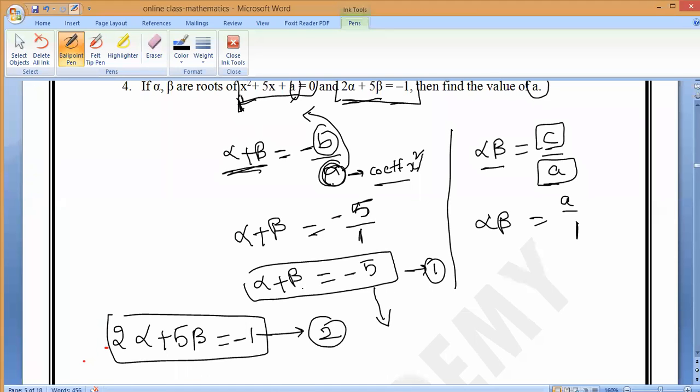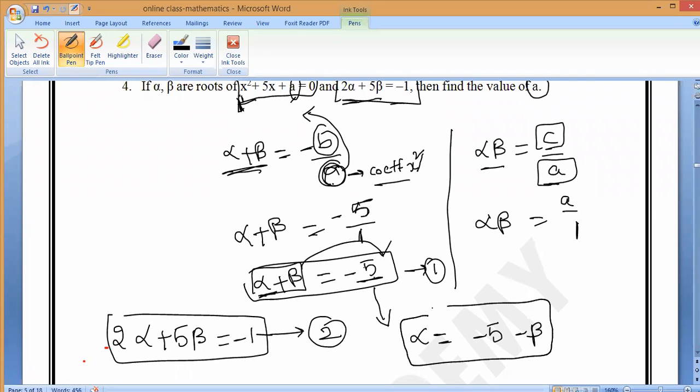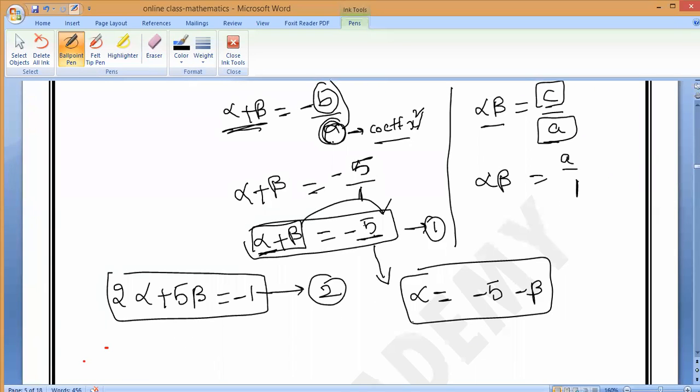From the first equation, alpha plus beta equal to -5. Beta comes to this side as minus beta, then alpha equal to -5 minus beta. In the second equation, substitute the alpha value.